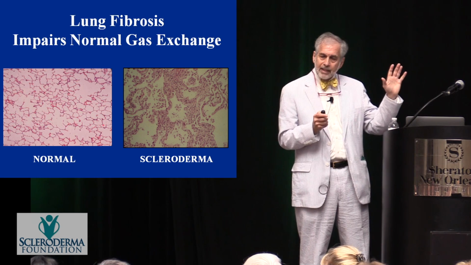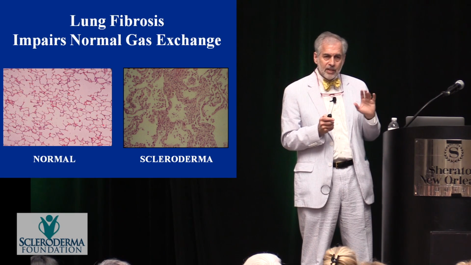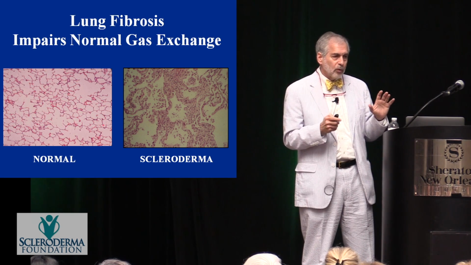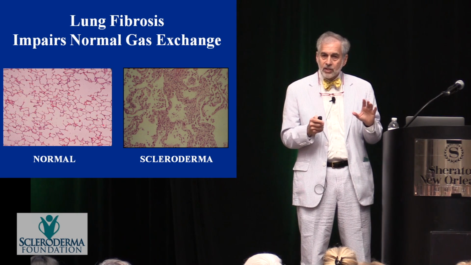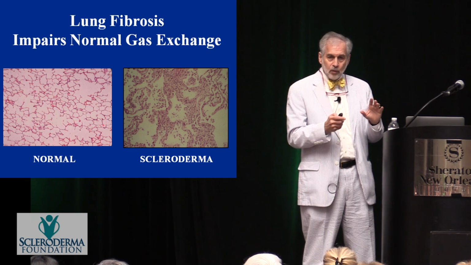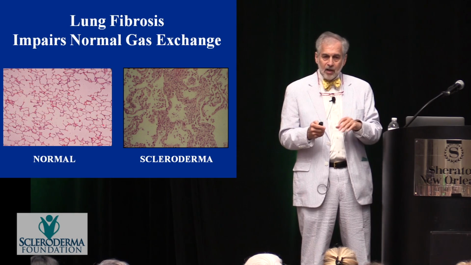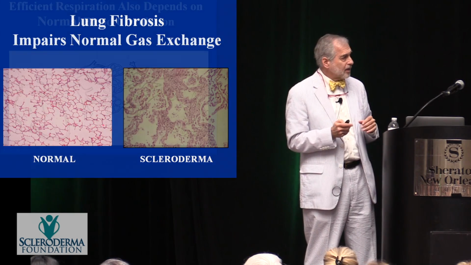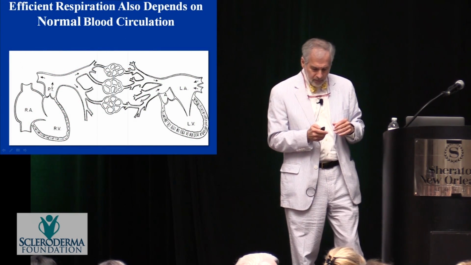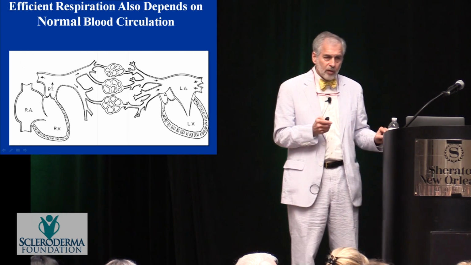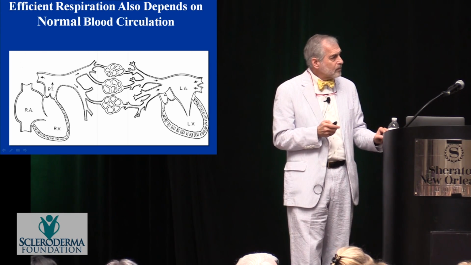Now, we talk about the air coming down into these alveoli. The other important component is the blood. So blood has to get to the lungs to deliver the red blood cells to pick up the oxygen and release the carbon dioxide. And so this then depends on cardiac function.